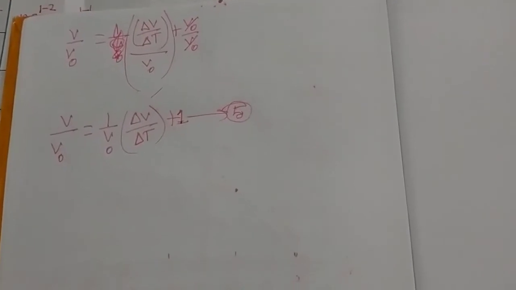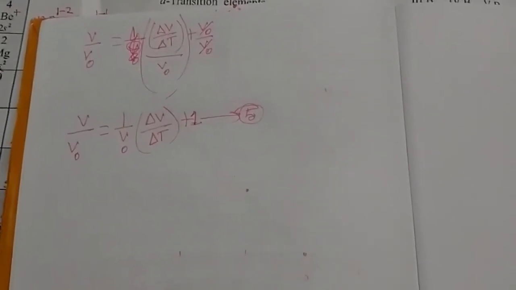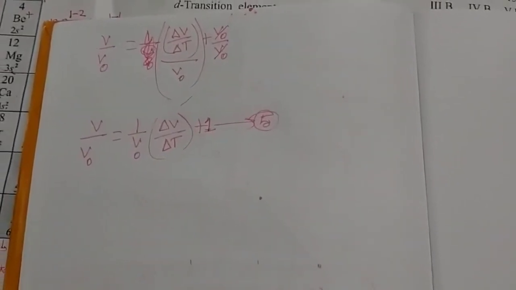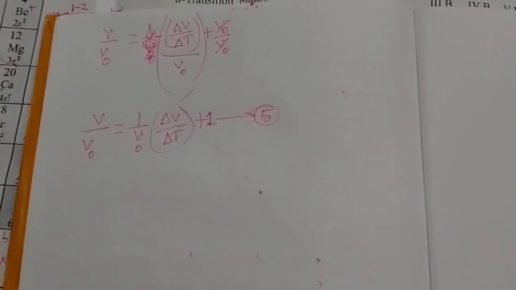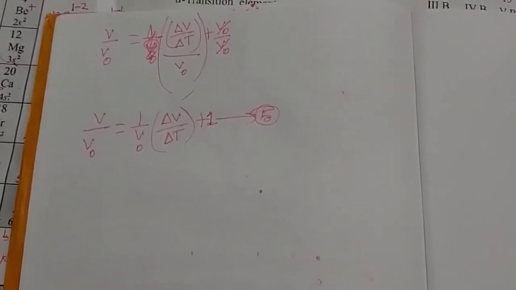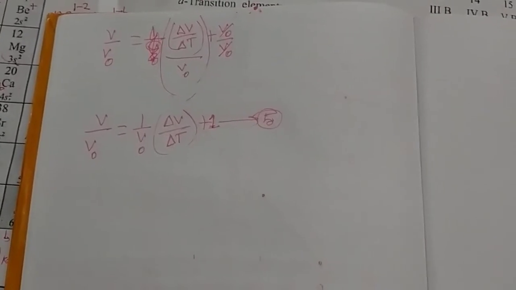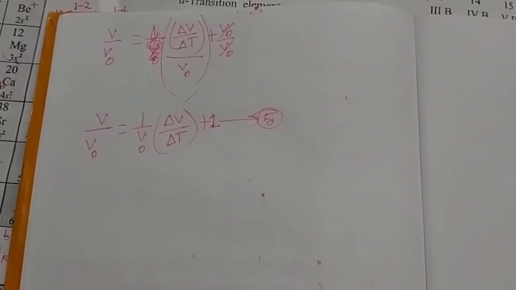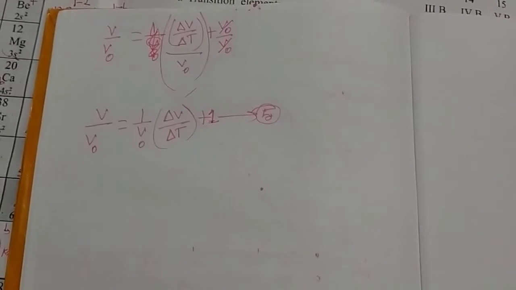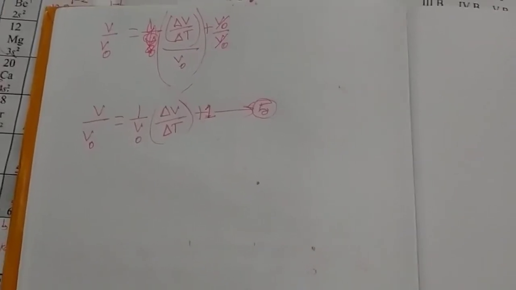Charles and Gay-Lussac found and explained that under constant pressure, the relative increase in the volume per degree increase in temperature is the same for all gases.